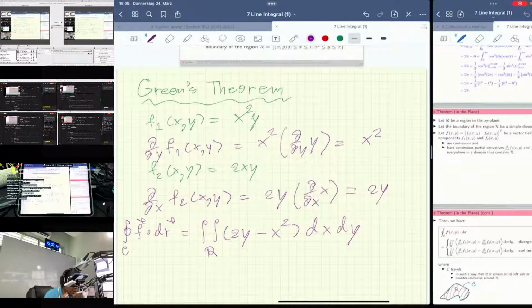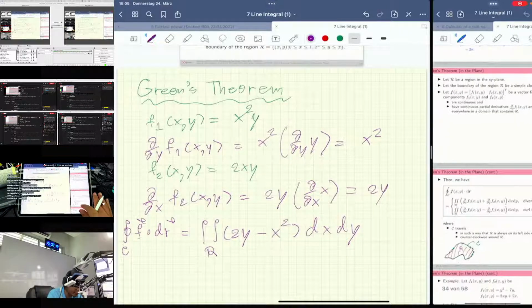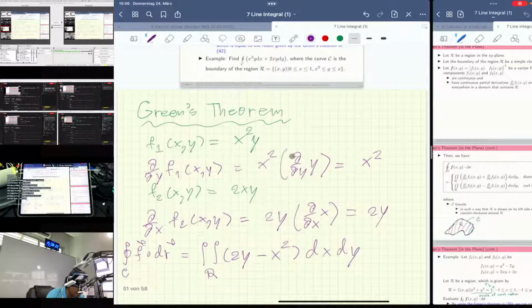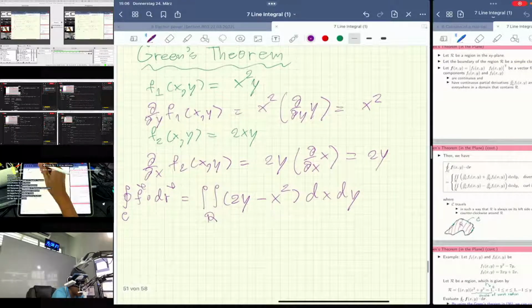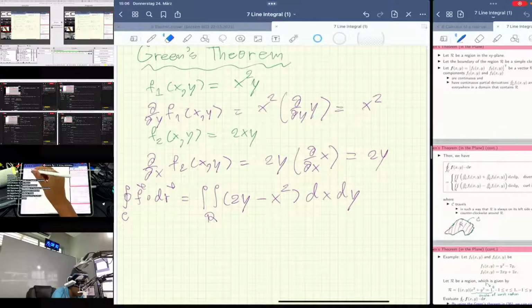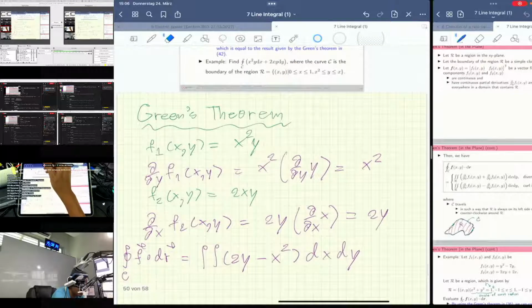And you know that x will be from 0 to y and y from x squared to x, right? We're going to replace these terms by this region, right?